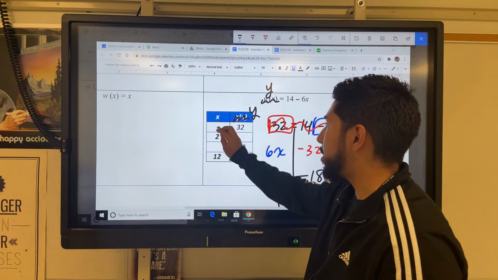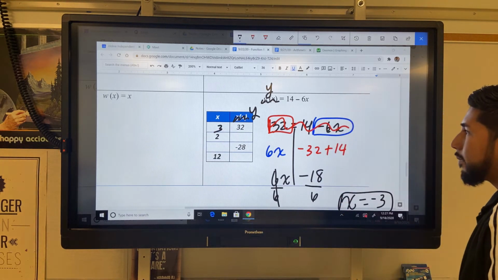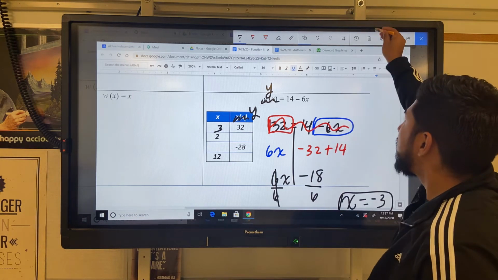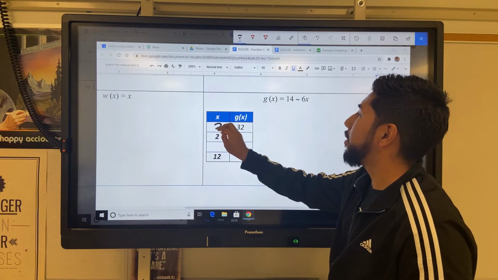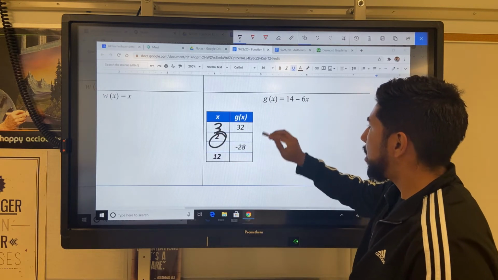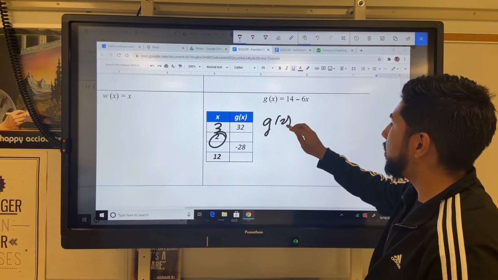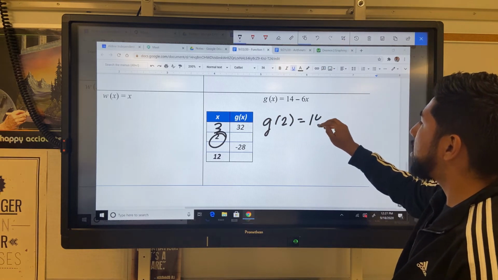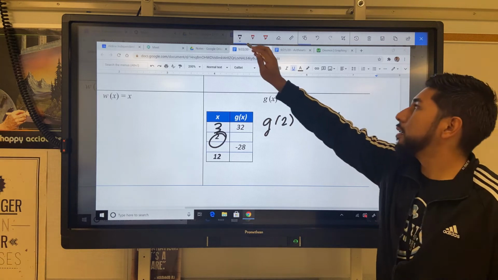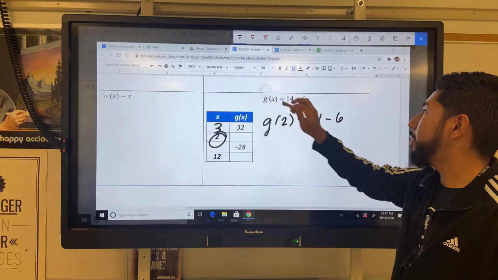So we say 3's right there. Cool. Copy it. So we know that this is 3. What do I do with this 2? Put it for x. So g of 2. Go over 2. g of 2 equals 14 minus 6. Instead of the x, what do I put?